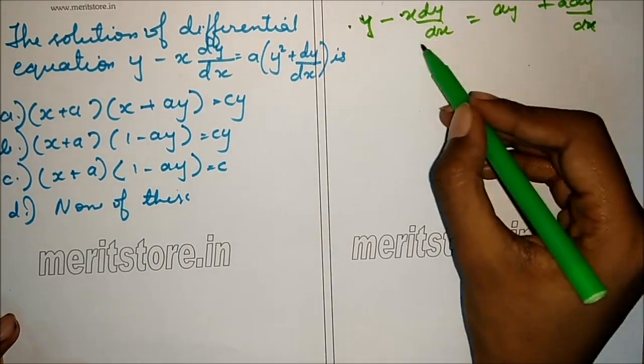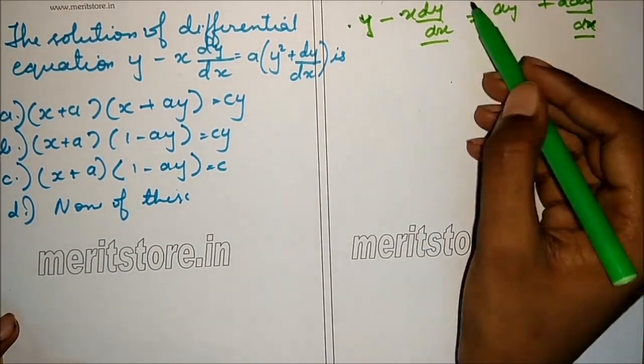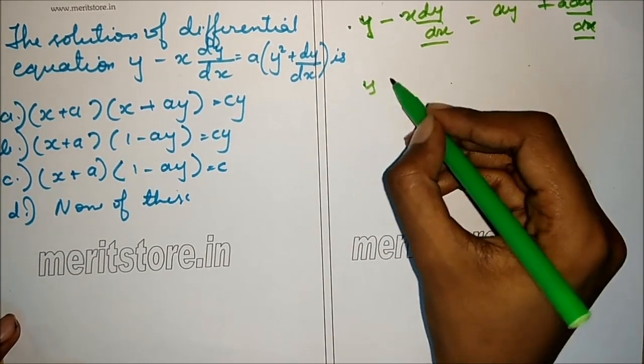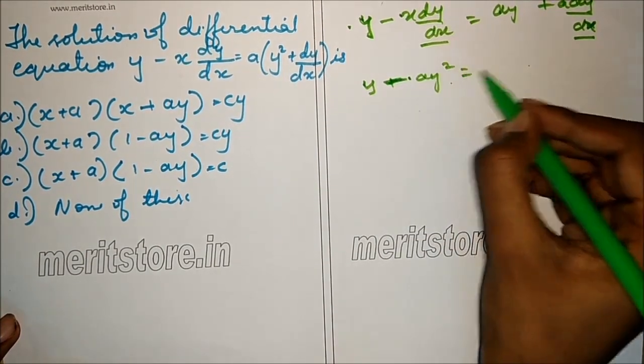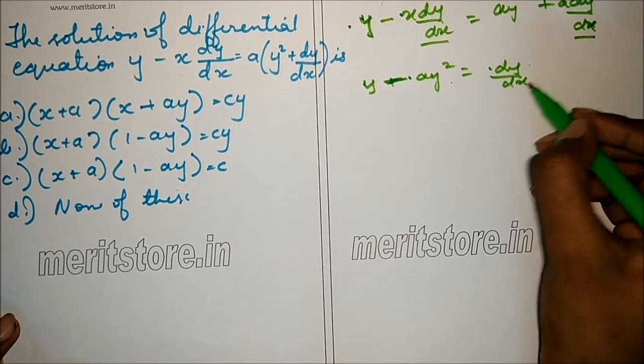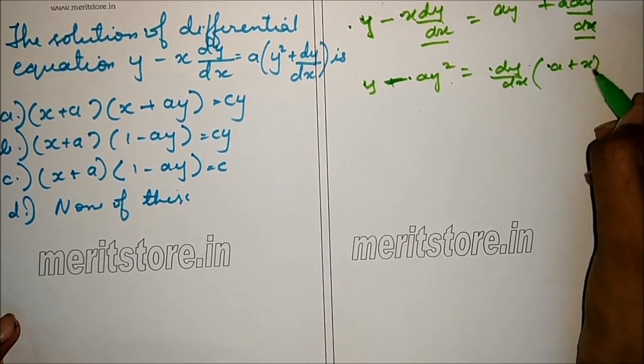Now we club it, we bring dy by dx terms on one side and remaining terms on the other side. This will be y minus ay square is equal to dy by dx into, taking this common, a plus x.